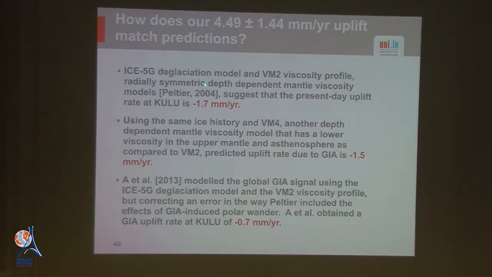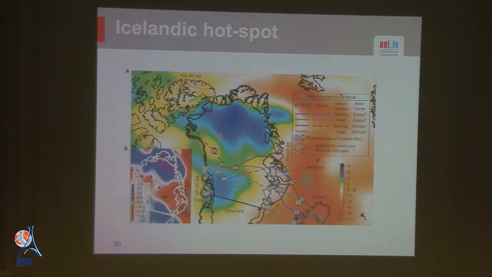But there's also, this is the plot that shows the different models. So this is a model with ICE-5G, minus 1.7, minus 1.5 with a different viscosity model, minus 0.7 with the heterogeneous model from Jon Ware and Garou there.